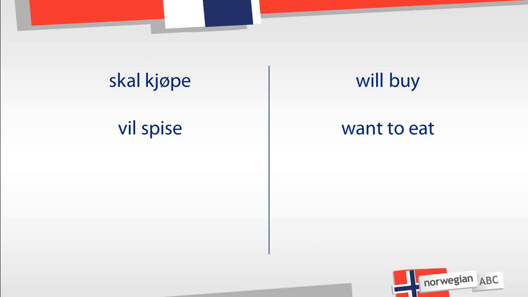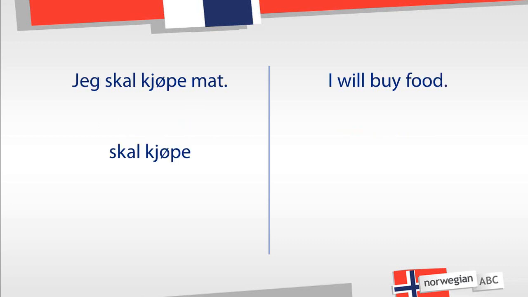Of course, the predicate will be comprised of more words than one when we use past and future forms of the verb. For example, jeg skal kjøpe mat. I will buy food. Predicate. Skal kjøpe.